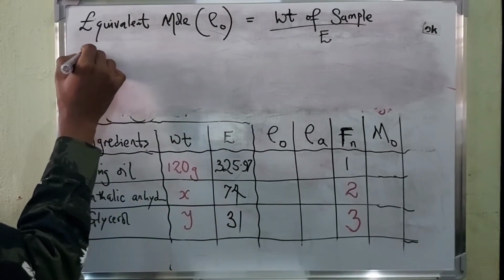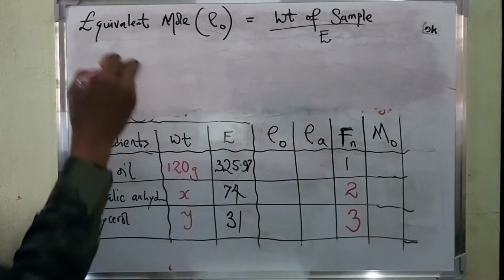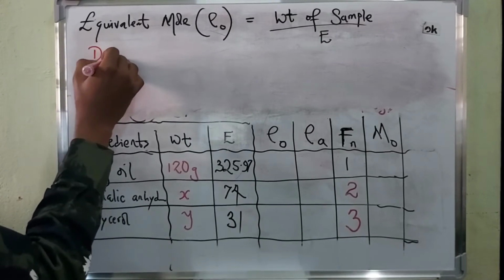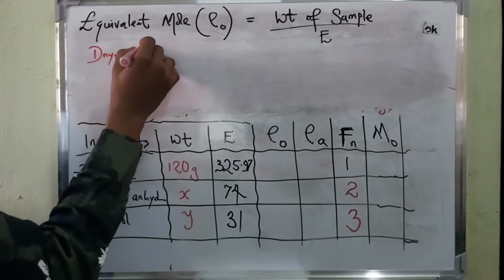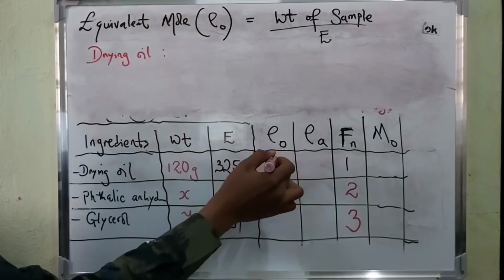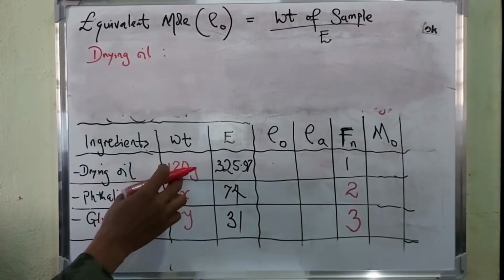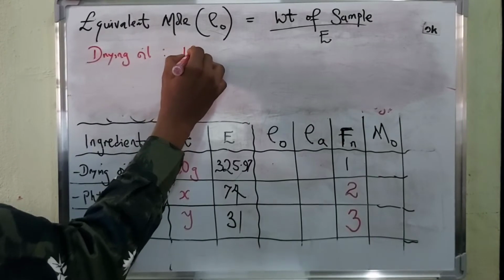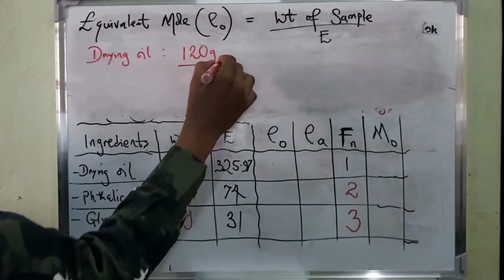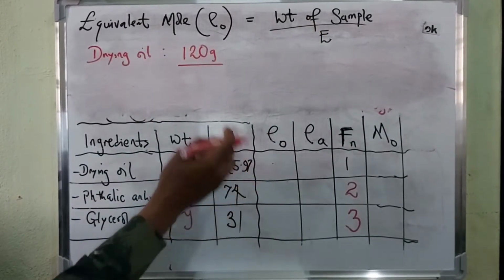Now for the drying oil, we want to find the equivalent mole. So weight of sample 120 gram divided by equivalent weight, which is this.